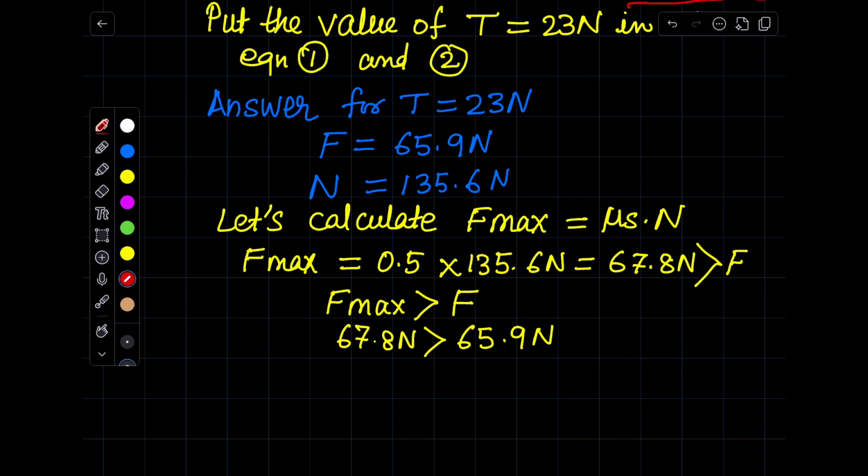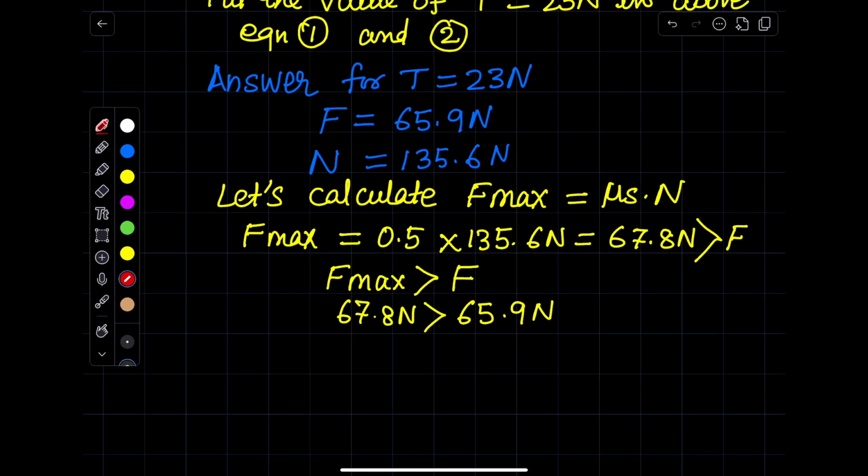We need at least 67.8 Newton force to move this box or block. So we need a higher value for moving this box. It means we need more tension in the cable.